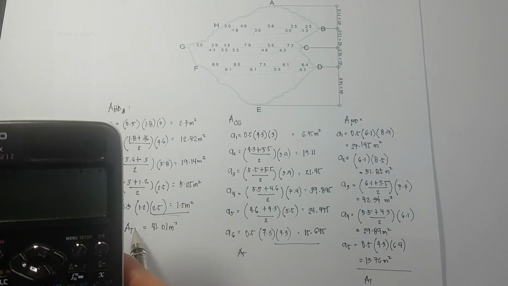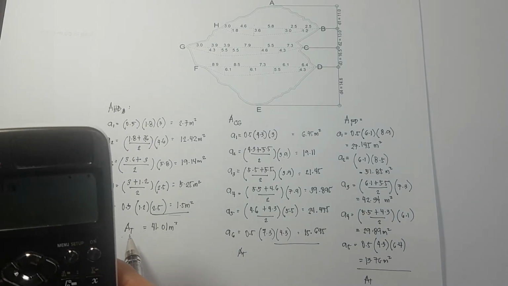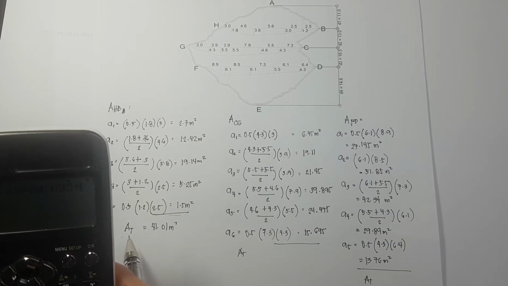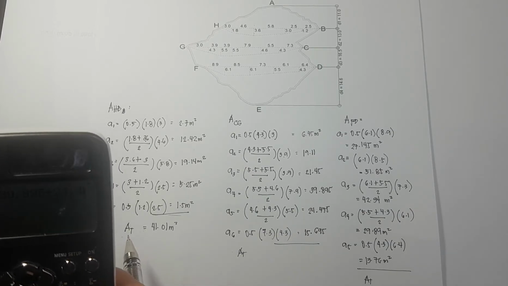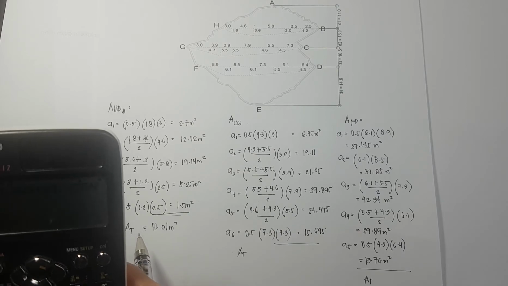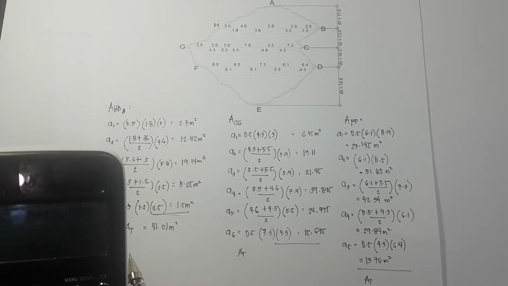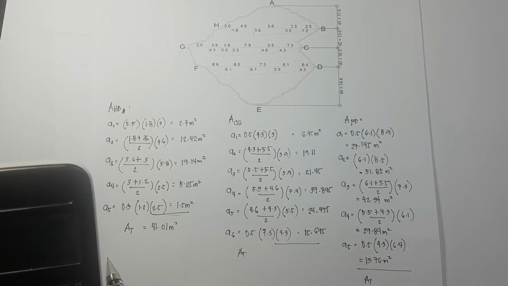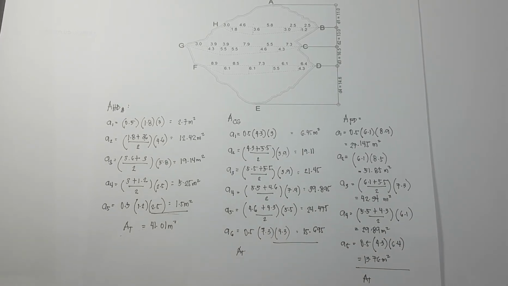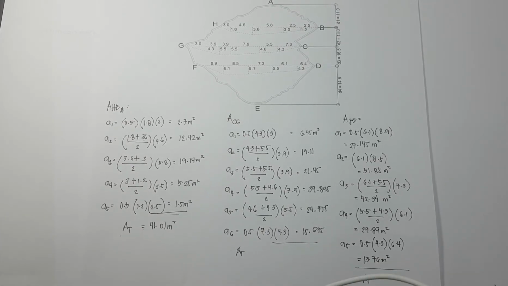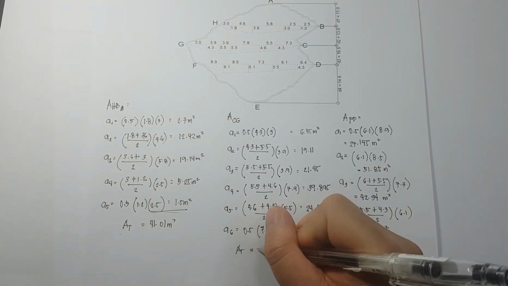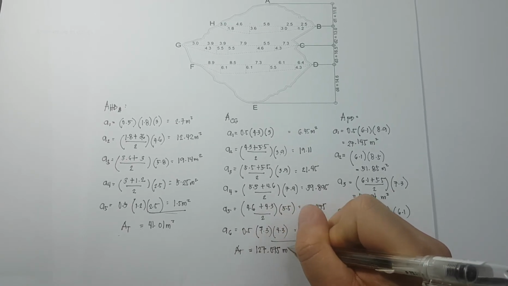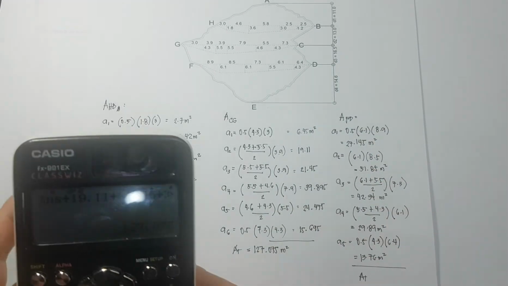Next, we have 6.45 plus 19.11 plus 21.45 plus 39.895 plus 24.475 plus 15.695. And that is equivalent to, wait, may kulang. Okay, so tama siya. The area total is equivalent to 127.075 square meters.